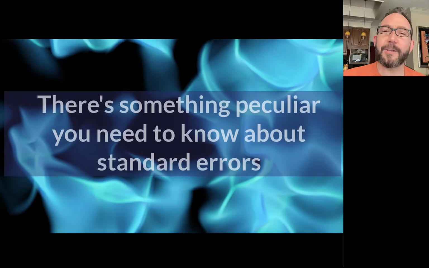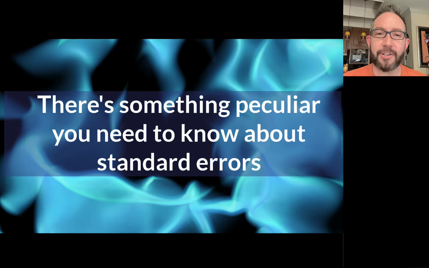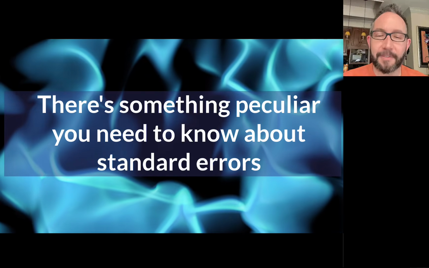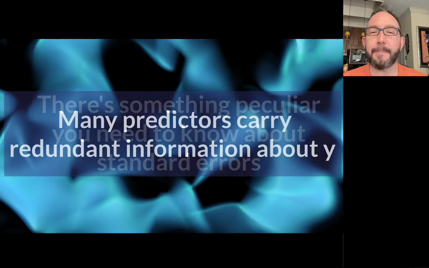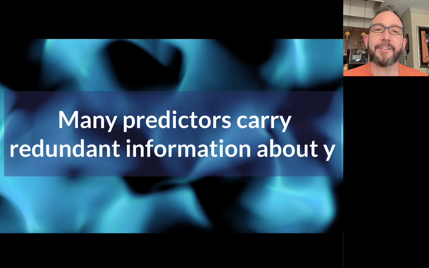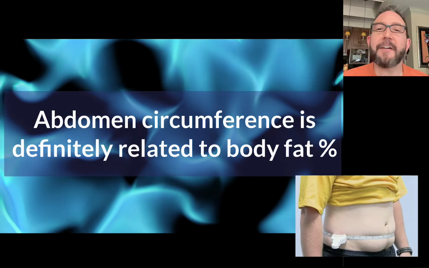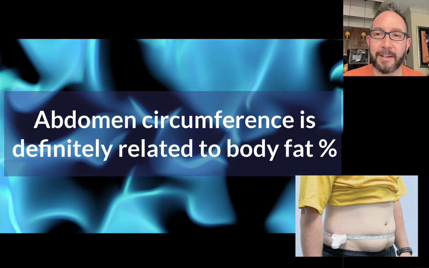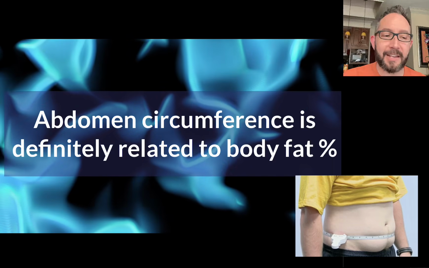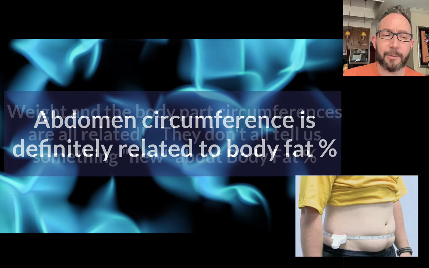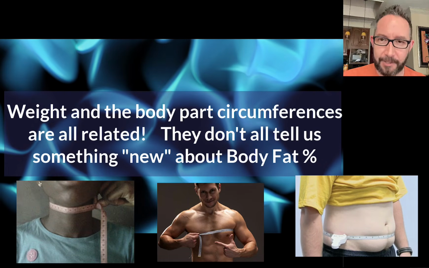So what I want to do is actually talk about a quirk when it comes to multiple linear regression, and that is that the size of the standard error of our estimated coefficients is actually tied in to the amount of redundancy we have in terms of our predictor variables. So if we think about it, abdomen definitely is related to someone's body fat percentage, but the information about body fat percentage that abdomen contains is likely somewhat redundant with the information that, say, chest circumference has, that neck circumference has as well.